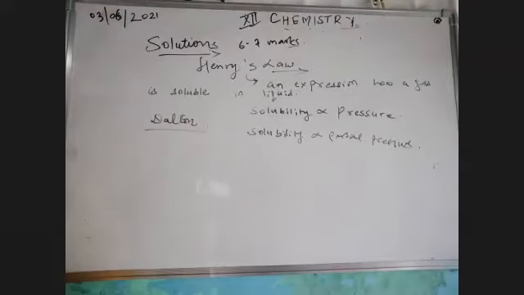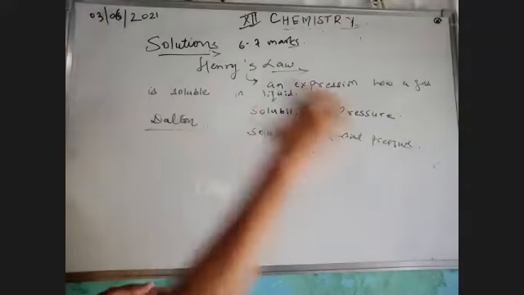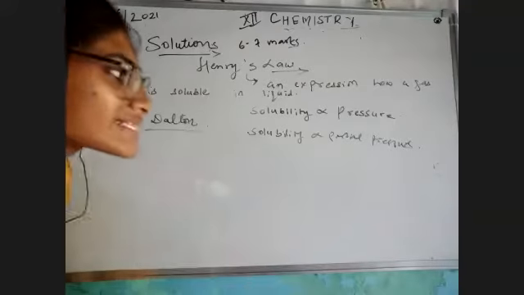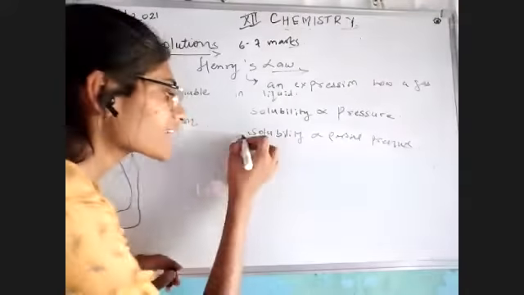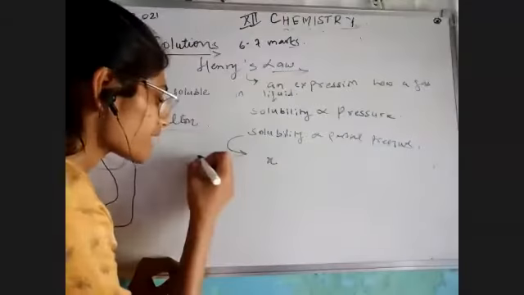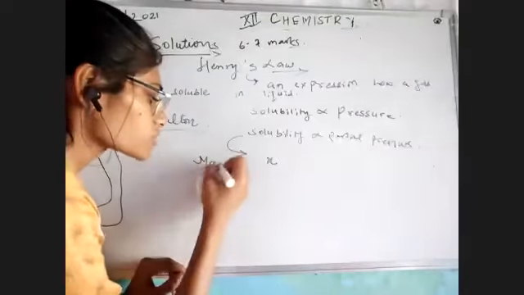Moreover, when he wanted to give the complete derivation or state Henry's law in a particular statement, he said that he is taking solubility in mole fraction. That means he is expressing the solubility as the mole fraction of a gas.